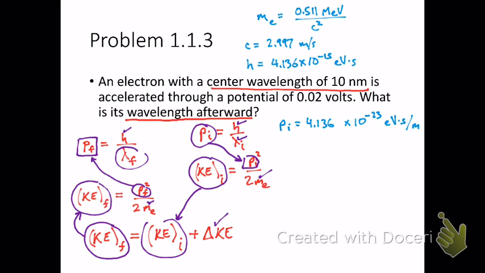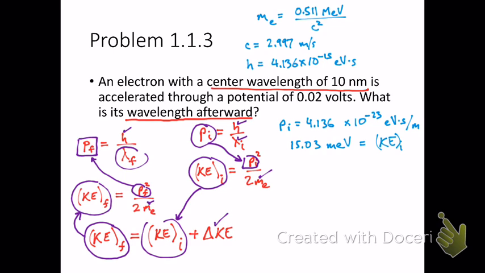I just took h and divided by lambda I, the initial wavelength. Okay, so I get that for P I, and then I can use P I to calculate the initial kinetic energy. If I do the math, I get 15.03 milli-electron volts, and that's the initial kinetic energy.